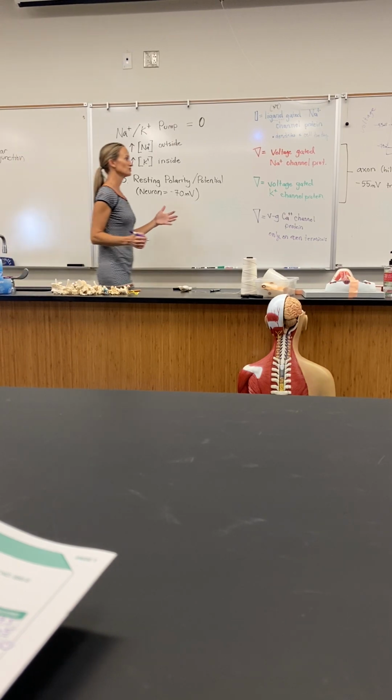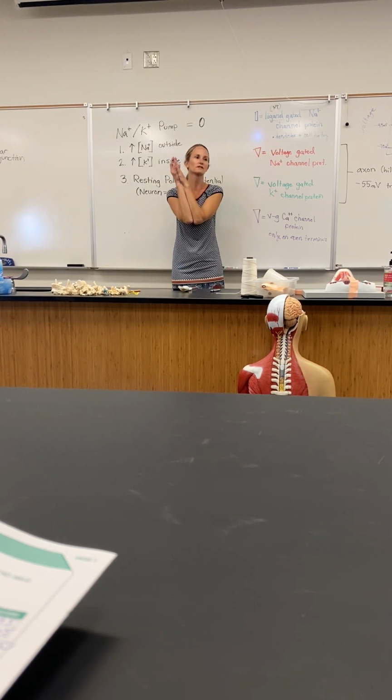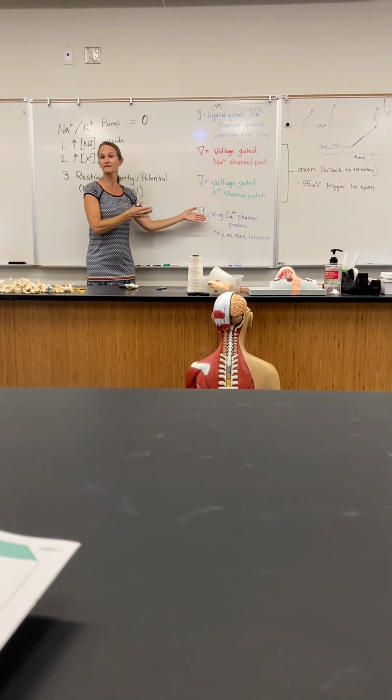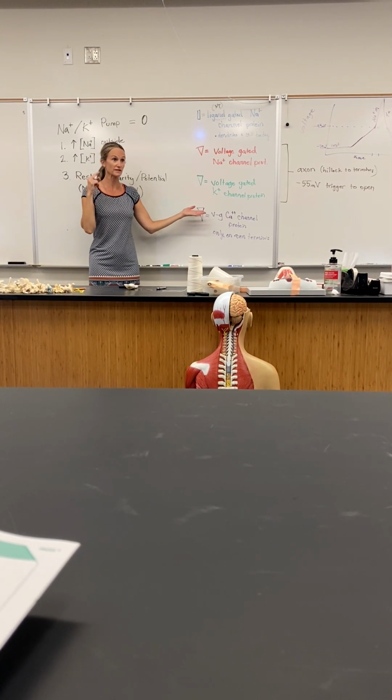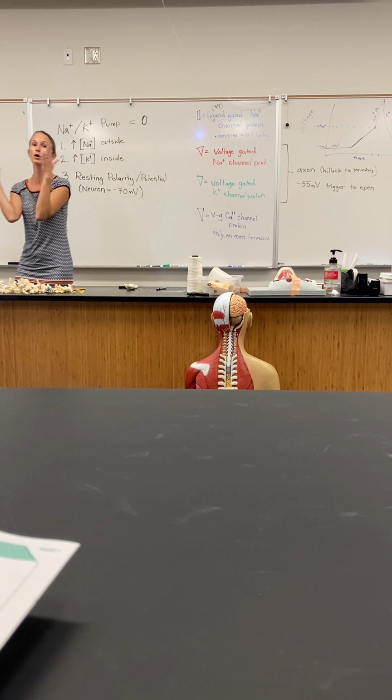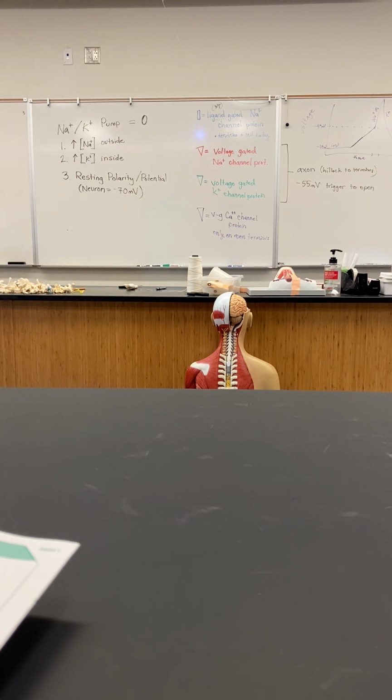Just like all my others, it's closed at rest. The doors are closed. Based on its name, I hope you can predict that a change in voltage triggers the opening. The gates open due to a change in voltage.